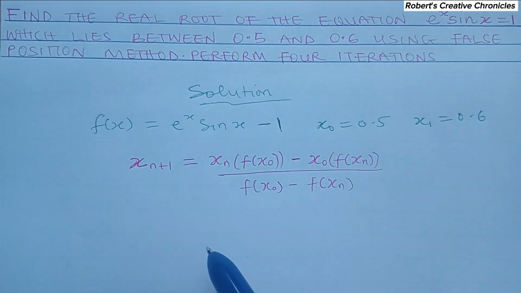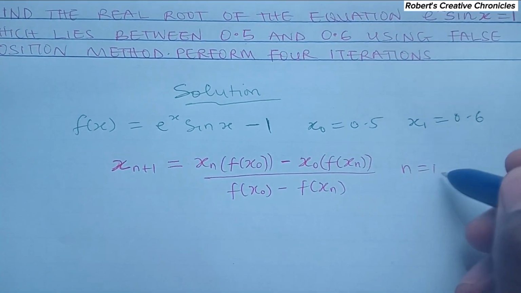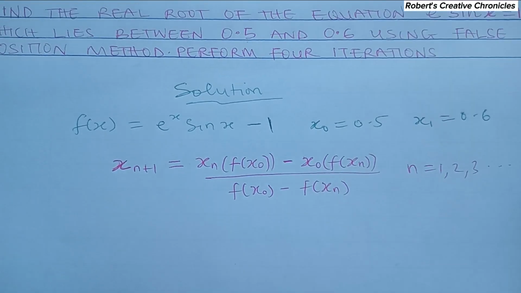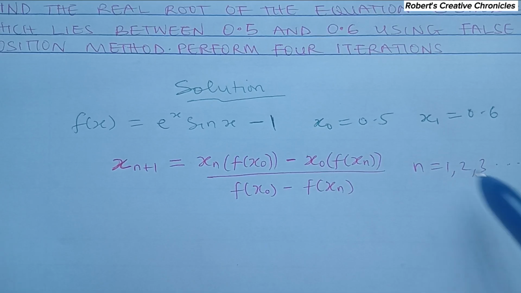You see? In this one, n is equal to 1, 2, 3 to infinity. So n is not equal to 0. n starts from 1, 2, 3, just as in the secant method.